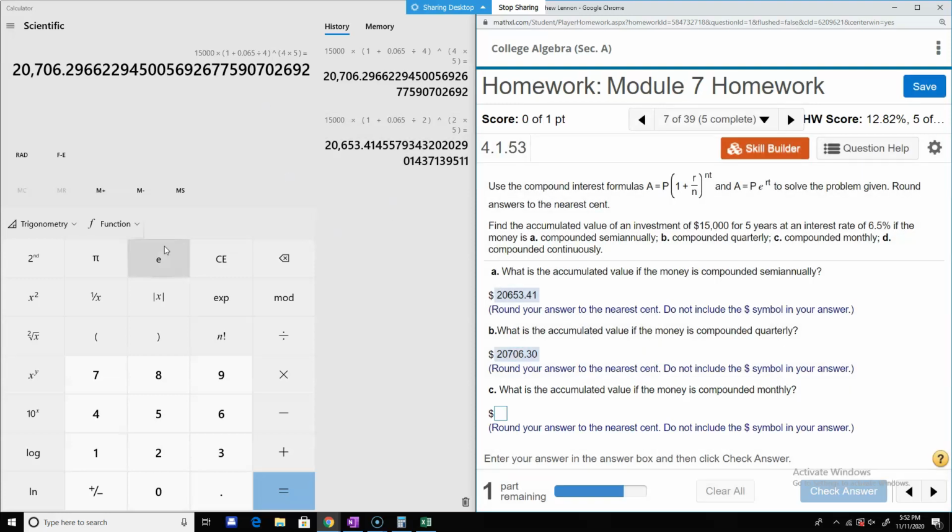Monthly, same deal. I'm just typing the same thing, but now I'm changing those 4s to 12 because monthly is 12 times per year. That's something that's interesting, just two common ways that people are paid at a job. A lot of times people will wonder, what is the difference between being paid twice per month versus every 2 weeks? What is the difference over the course of the year?